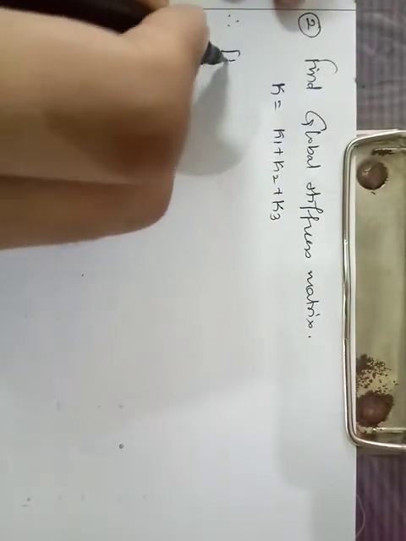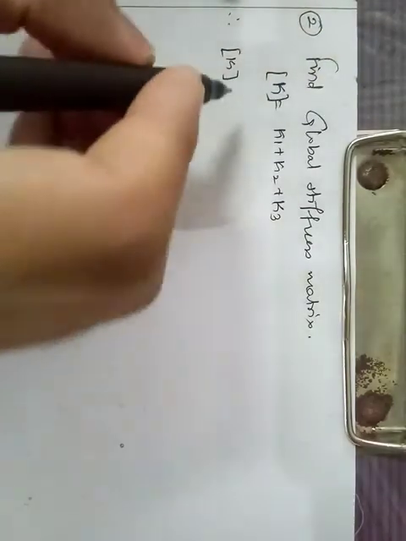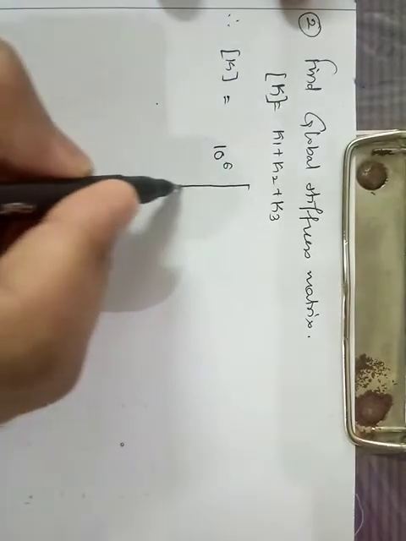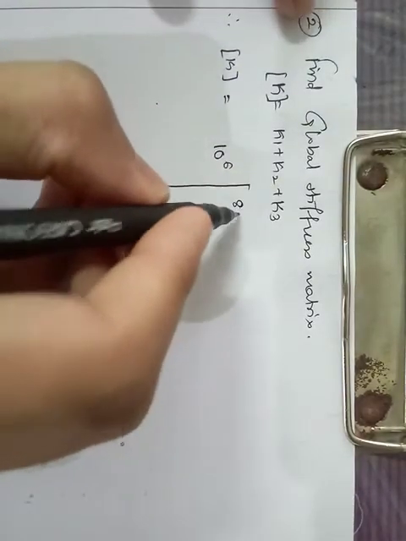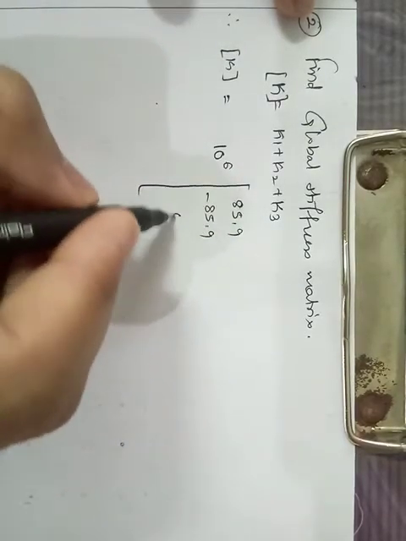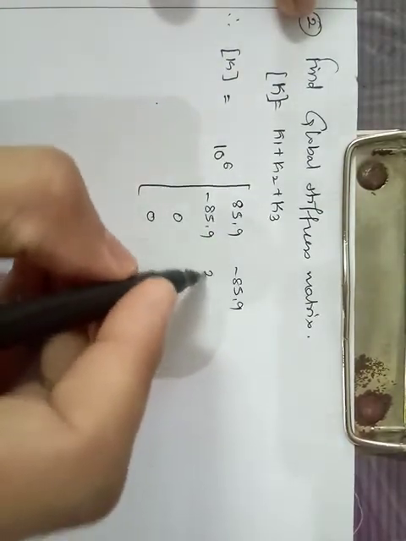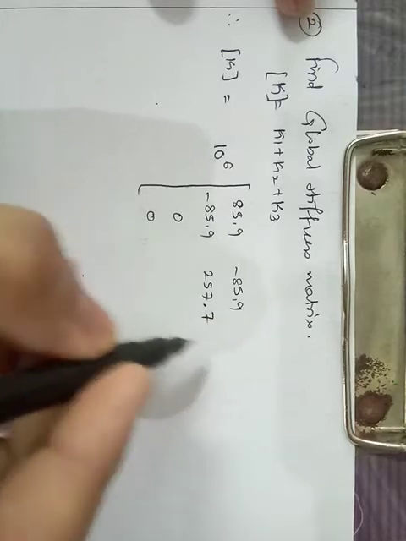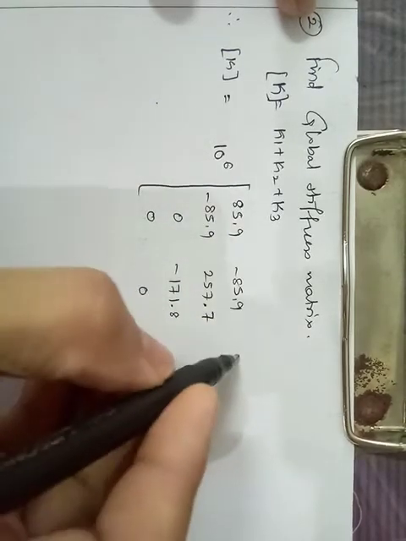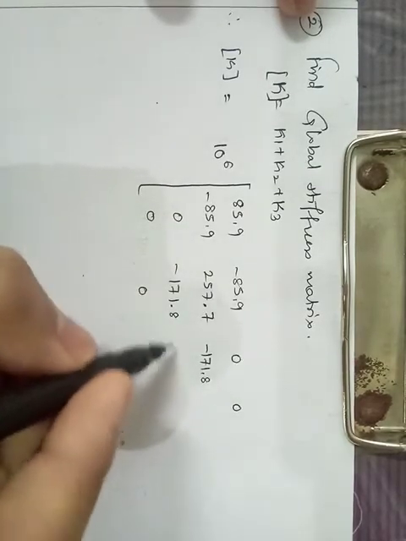So if I do that, the global stiffness matrix comes out to be, I just need to merge everything: 85.9, minus 85.9, 0 and 0, minus 85.9, 257.7, minus 171.8, 0. These two elements will be 0, minus 171.8.